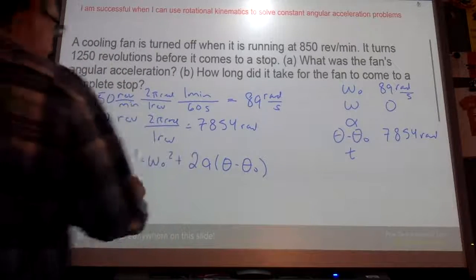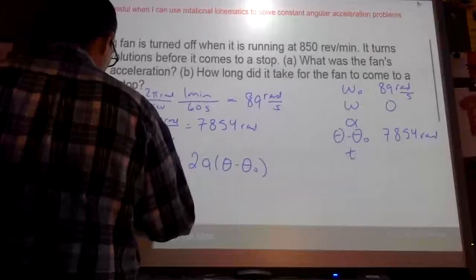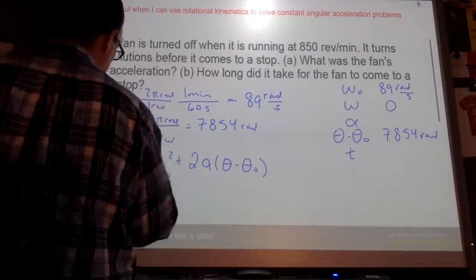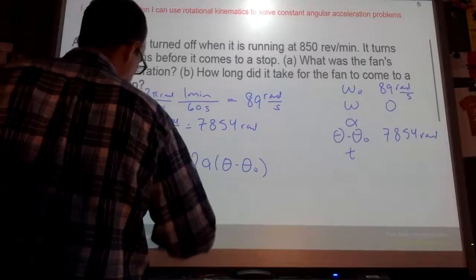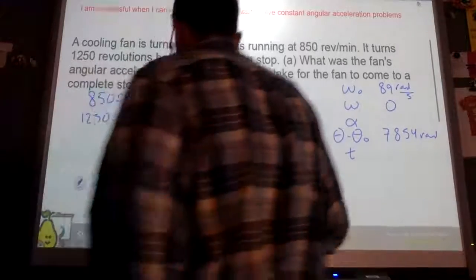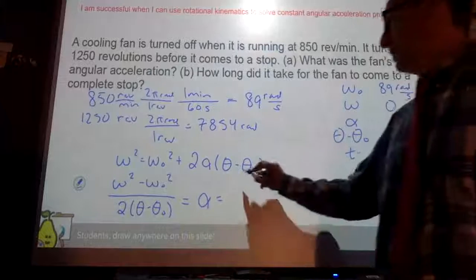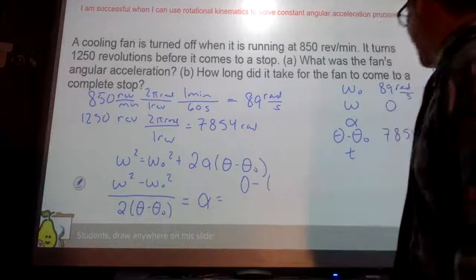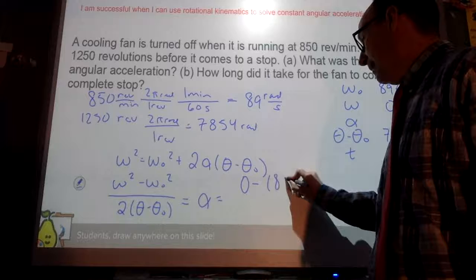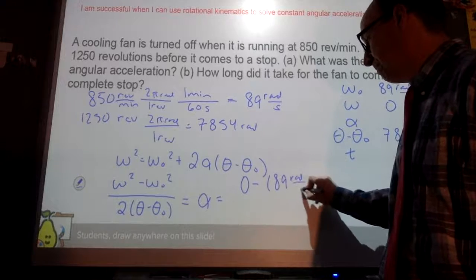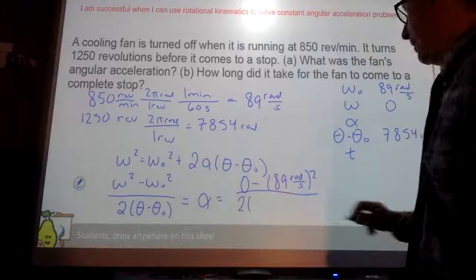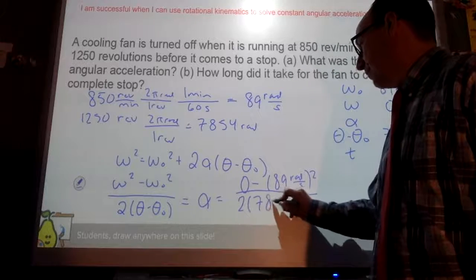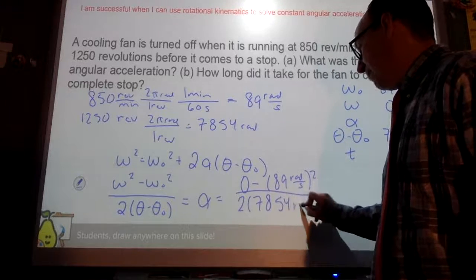And I'm going to get alpha by itself. So I'm going to have omega squared minus omega naught squared divided by 2 times theta minus theta naught is equal to alpha. And so this is going to be 0 minus 89 squared over 2 times 7854.